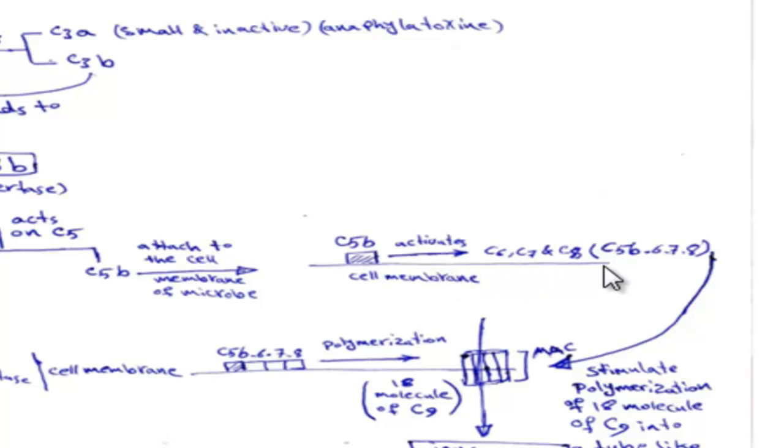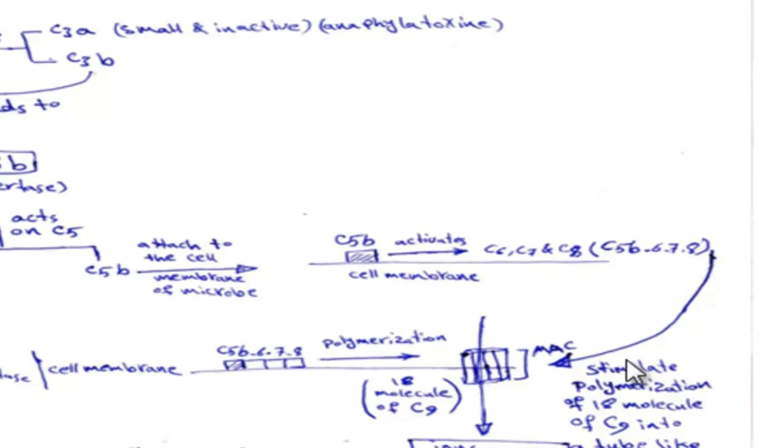Imagine that this is the cell membrane of the microbe. The C5B attached here activates a set of complement proteins, C6, 7, and 8, yielding a complex known as C5b, 6, 7, and 8.